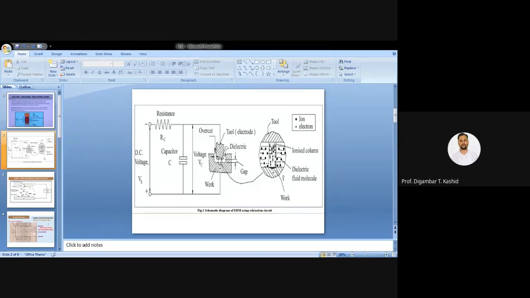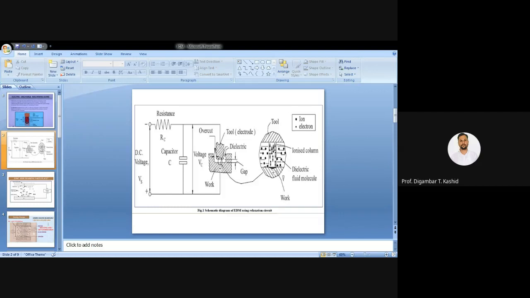You can see on the workpiece surface, and you will see the tool also under a microscope. This is an enlarged view, which you can call the microscope view.